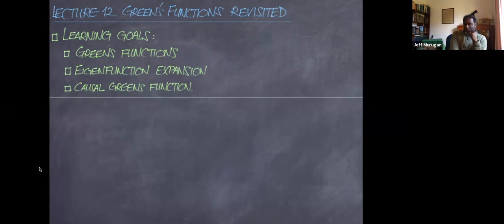And then I want to introduce the idea of causal Green's functions. And the name comes from the physics literature where causal Green's functions, if you remember from your second year course in boundary value problems, for example, the Green's function is in some sense the inherent response of a system. So if I give a system some kick and I want to know how it responds, the Green's function encodes that instantaneous kick to the system, right?